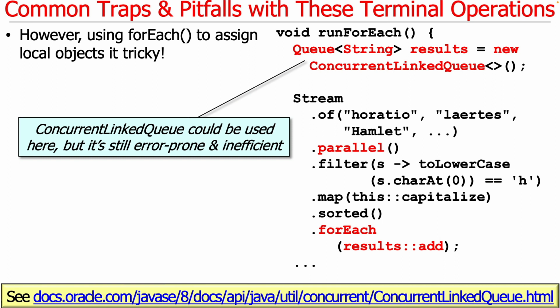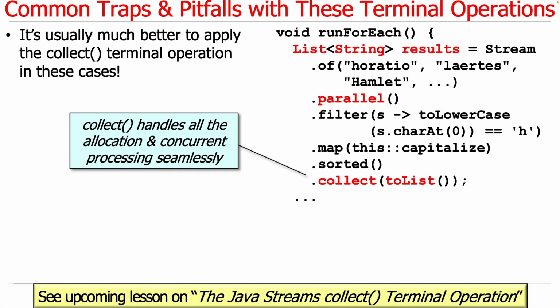If multiple threads try to insert or find or remove things from the queue, everything is protected properly. It has a lock, and the lock makes sure that you don't stomp on the data if you're reading and writing to it concurrently. However, this is still kind of ugly, and it's maybe inefficient, depending on various factors. And it's error-prone because you have to remember to use ConcurrentLinkedQueue.